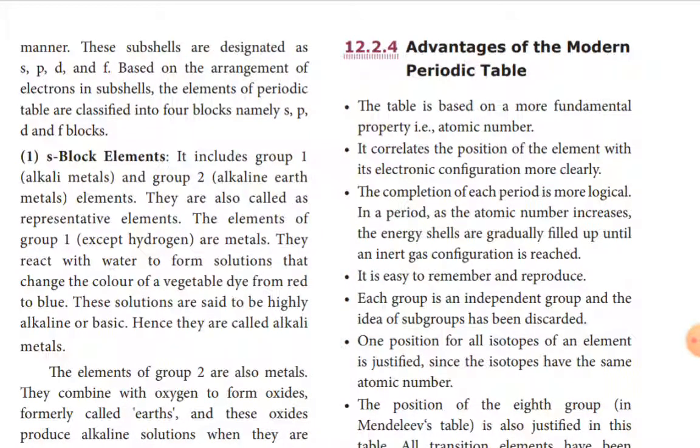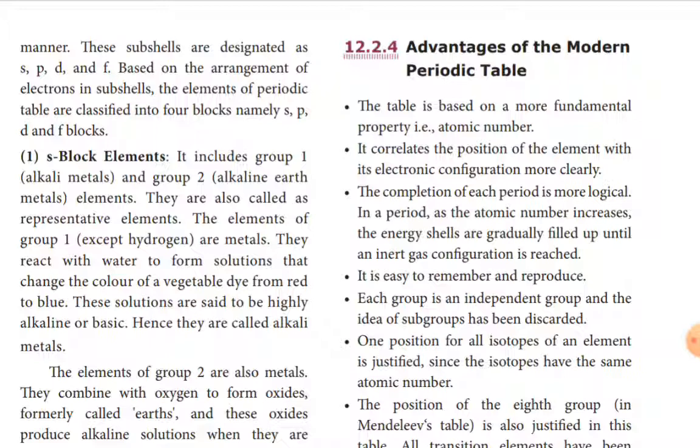The table is based on a more fundamental property, because Mendeleev prepared the periodic table based on atomic mass, but the atomic number is the basic one for the property and electronic configuration of the elements. So the modern table classifies the elements based on the atomic number. So it is the fundamental property.